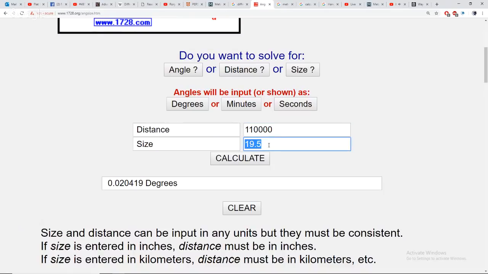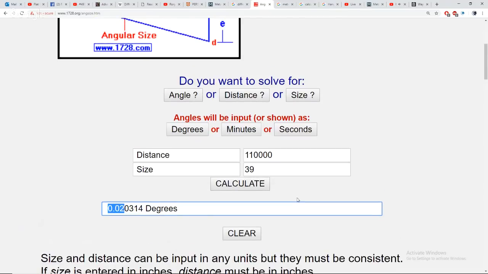So let's put in 39 meters and calculate that. And there we have it. Yeah, perfect. The inverse square law works fine. 0.02 degrees. So a distance of 69 miles, right? We would have lost 39 meters to the diffraction limit.